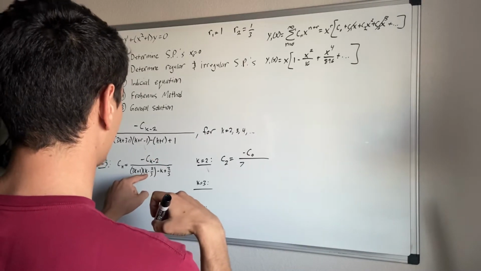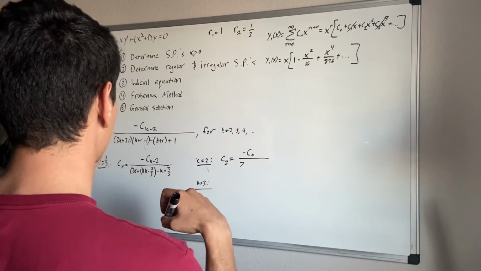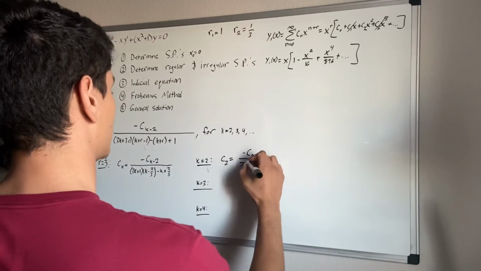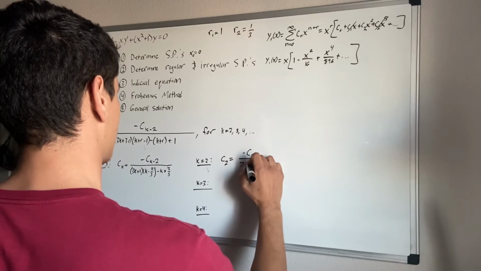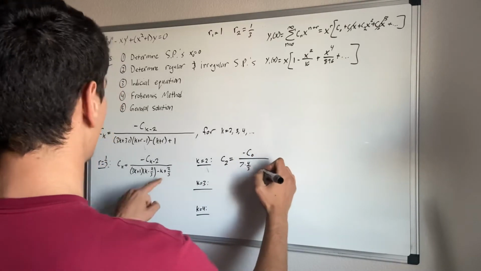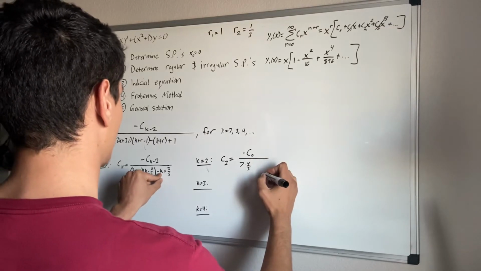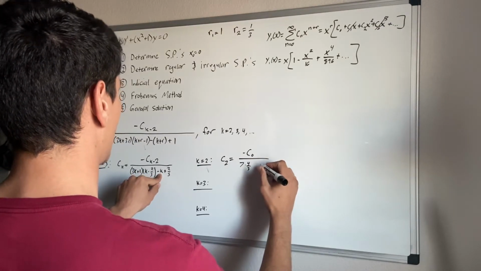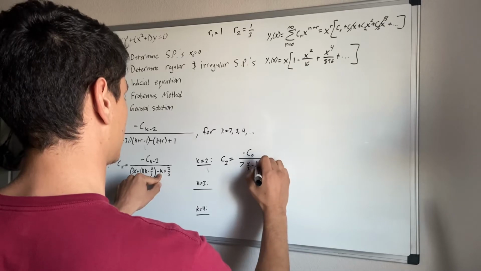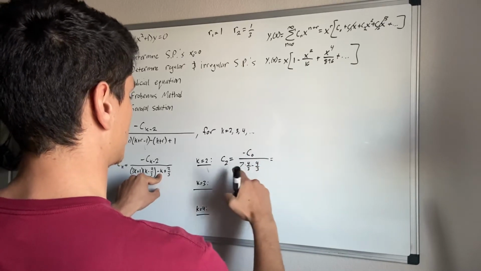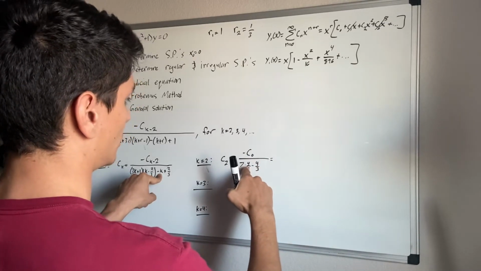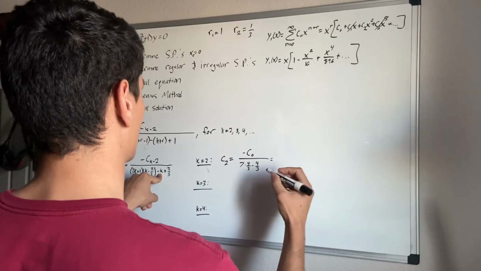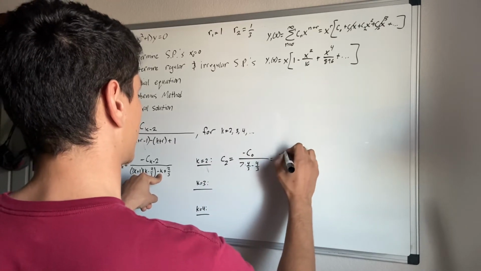Well, 2 minus 2/3 is 6/3 minus 2/3, which is 4/3, minus k, which is 2 plus 2/3, which is minus 4/3. So 7 times 4 is 28, minus 4 is 24, divided by 3 is 8.